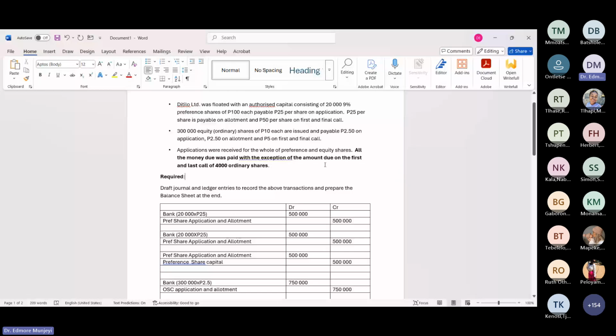So these 4,000 people didn't pay. Just like you are expecting 10 members to pay, then 5 members didn't pay. If I ask you, are you receiving from 10 people or 5 people? From 5.